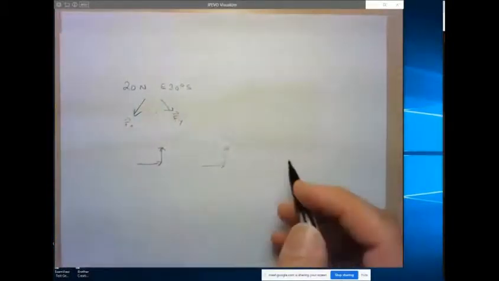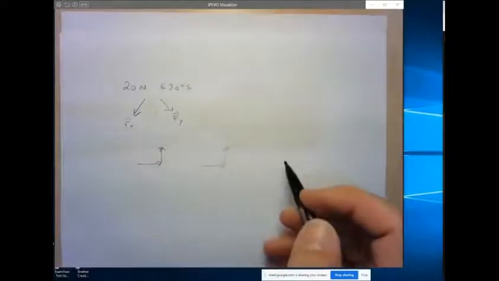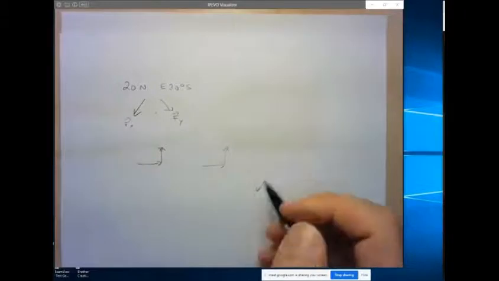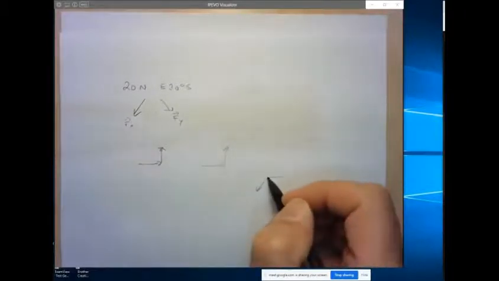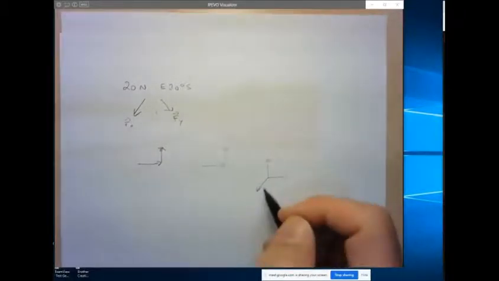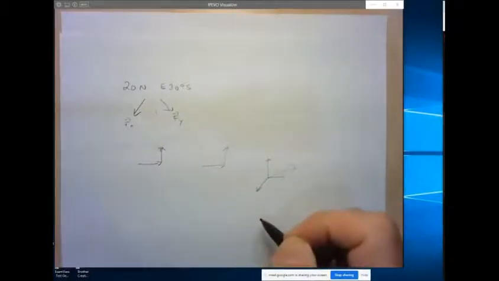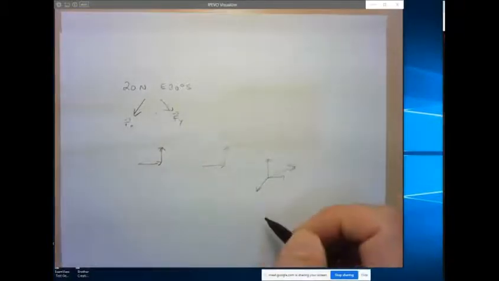So what we do instead is we define a vector, or as an example a force, as given the x component, given the y component, and given the z component, and the sum of these three gives you your 3D vector. Okay?